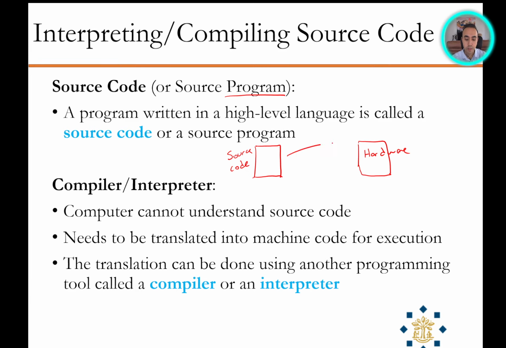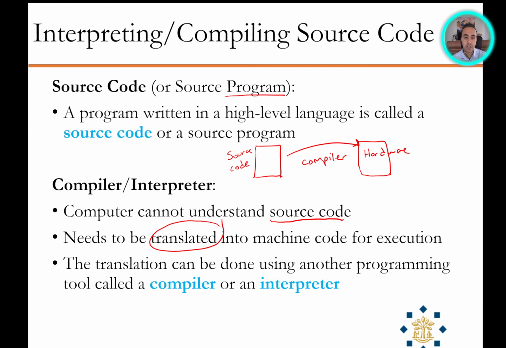before the hardware can execute it, there needs to be a compiler in between, okay? Because the computer cannot understand the source code. We write it like English, it's not 10110. So it needs to be translated into machine code for execution, okay?